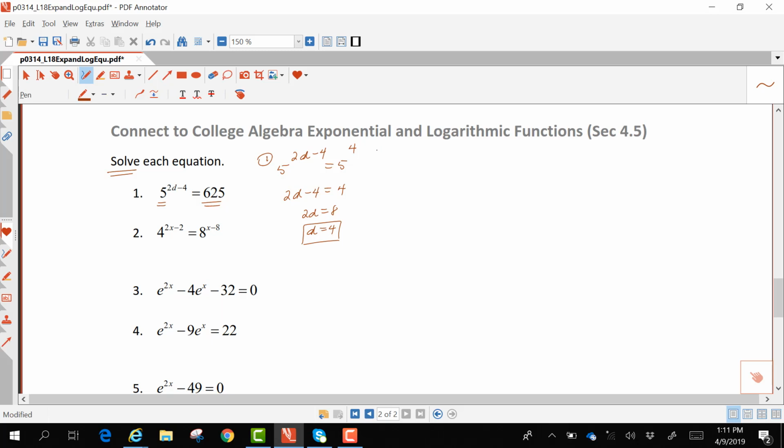Number 3 is like a quadratic equation. It's not e to the x, but rather it is e to the 2x, which puts it in more of a quadratic form.